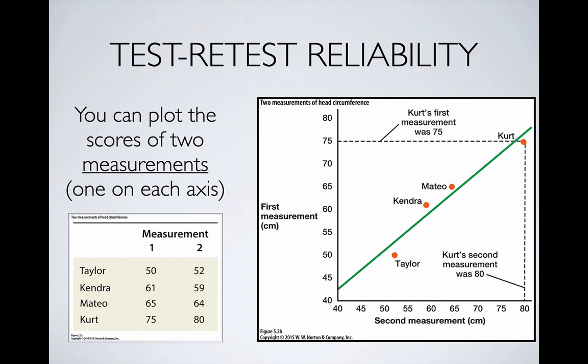So the way you would know that, look at the x and y axis on the scatter plot. It says first and second measurement. Okay, so now you know they're taking two measurements of the same thing. Right away, you should know that's test-retest reliability. Just because they're taking two measurements the same way.